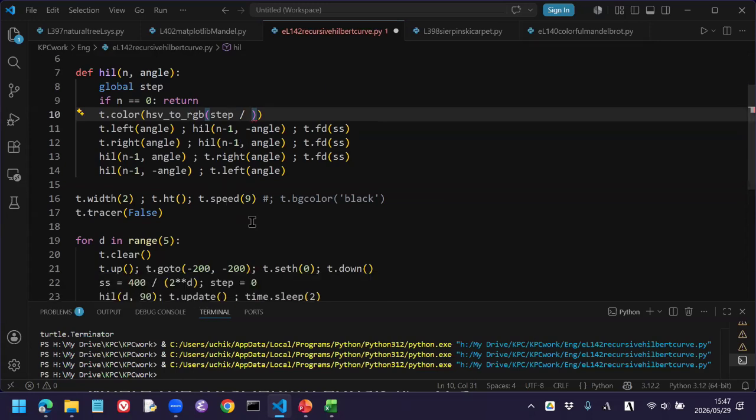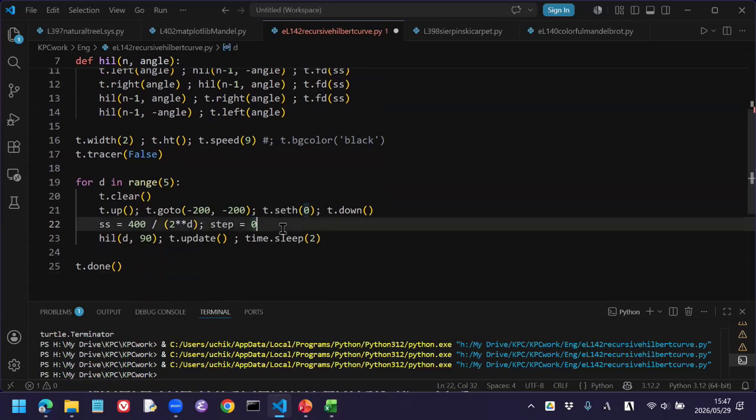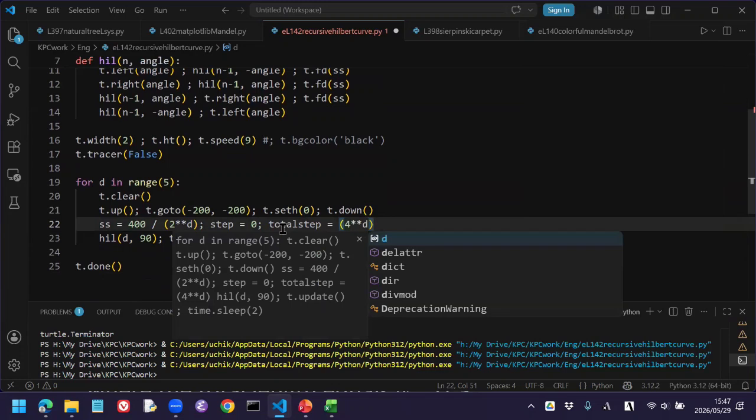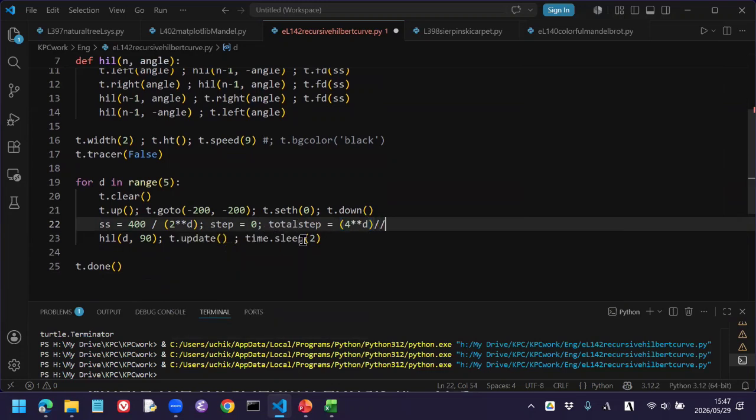As I said, total step will be 4 raised to the power of d divided by 3.